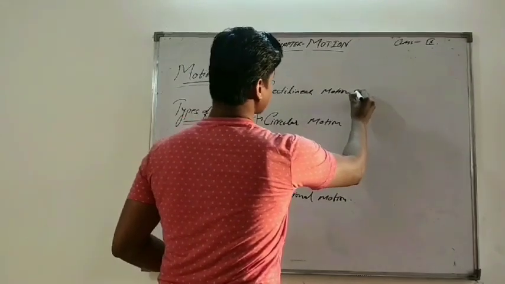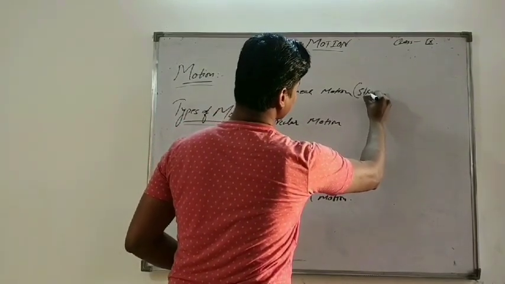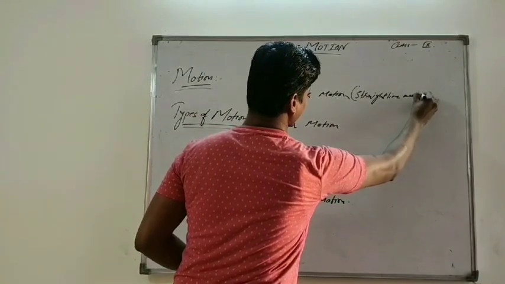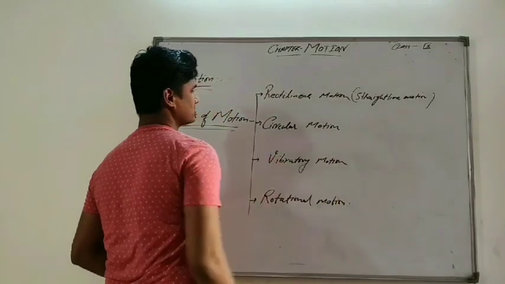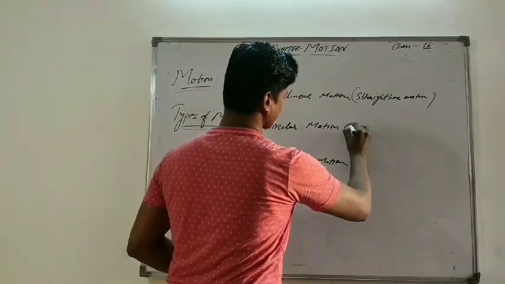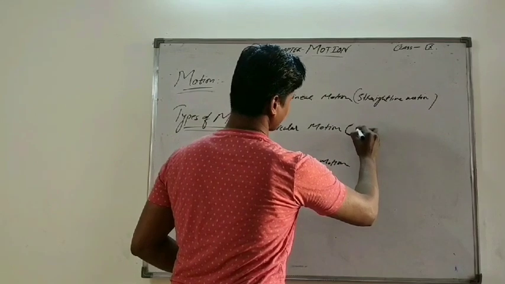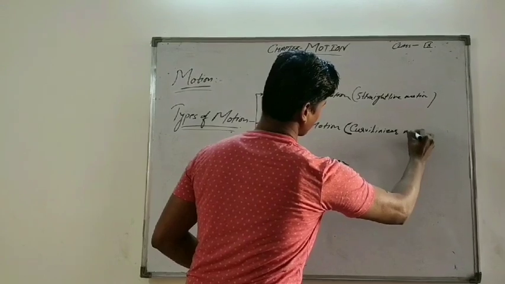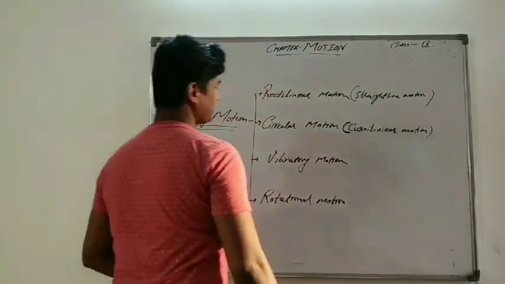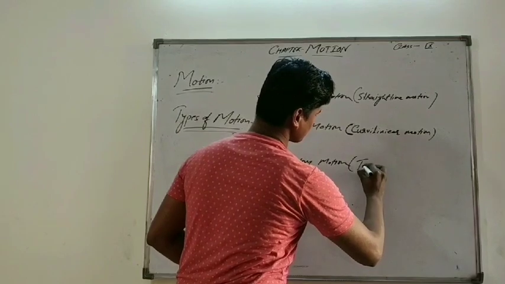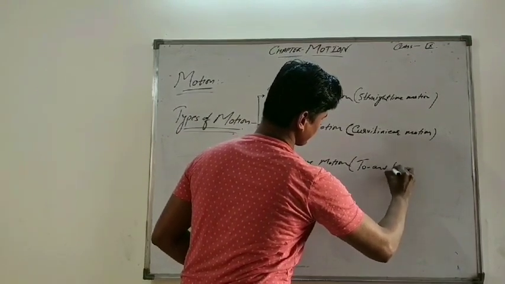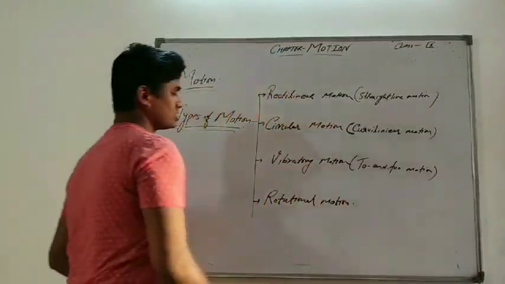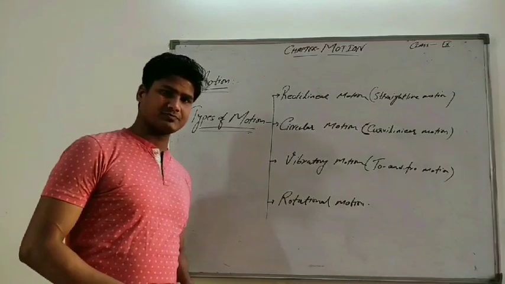Here it has to be remembered that rectilinear motion is also known as straight line motion. Circular motion can be said to be curvilinear motion. Vibratory motion is known as to and fro motion. And rotational motion is known as it is.